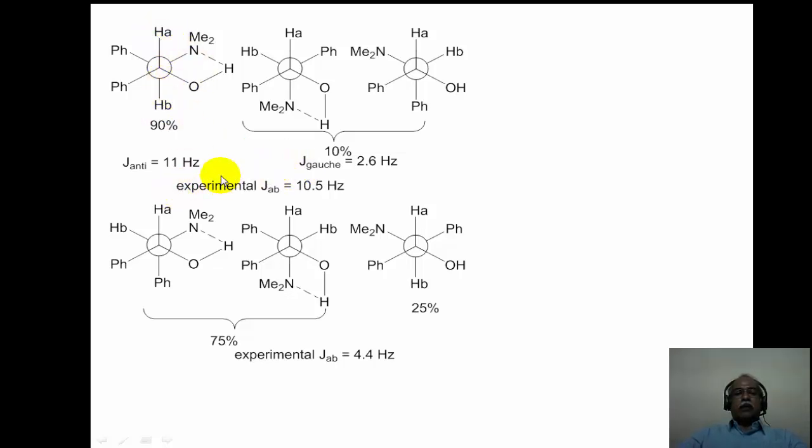The experimentally observed coupling is about 10.5 Hertz, and the expected anti coupling theoretically, based on the Karplus-Conroy equation, is about 11 Hertz or so, which is close to the experimentally observed 10.5. One concludes that this conformer is the major conformer in the mixture of conformers that you can have in the solution phase. It is estimated to be about 90% populated compared to the other two isomers, which are populated less than 10%.